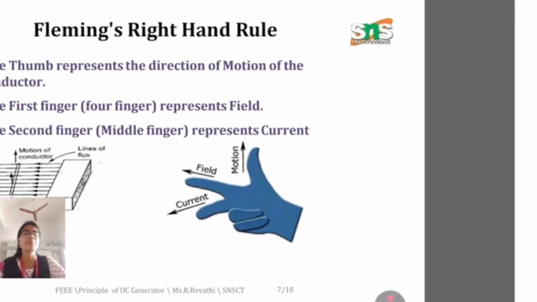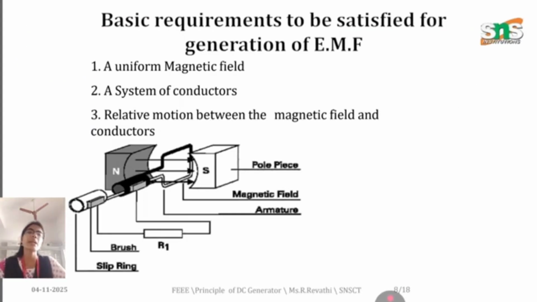The basic requirements for generation of EMF are a uniform magnetic field, a system of conductors to carry the current, and relative motion between the magnetic field and the conductor.